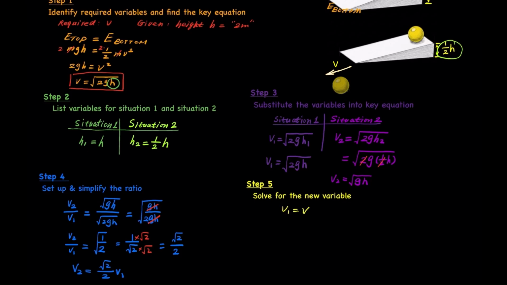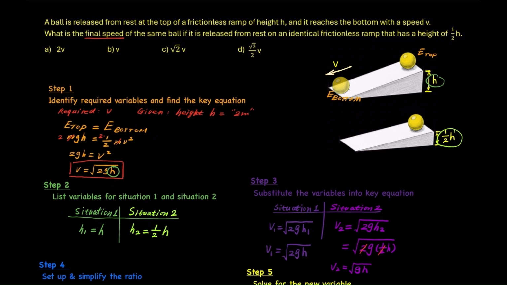So we just replace v1 with v in our final ratio equation to get the new speed v2 in terms of the original speed v, right? Therefore, we have v2 equals root 2 over 2 multiplied by v. So going back to our options, you can confidently choose option D.